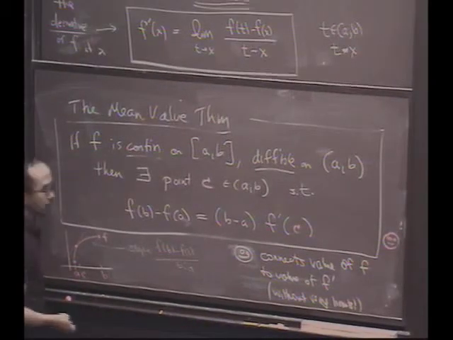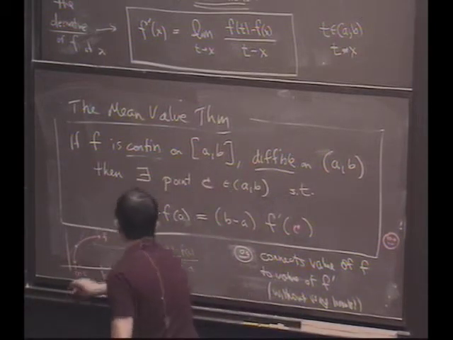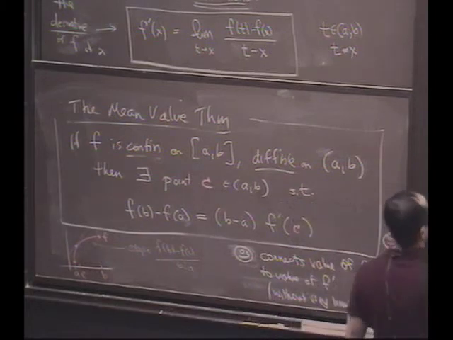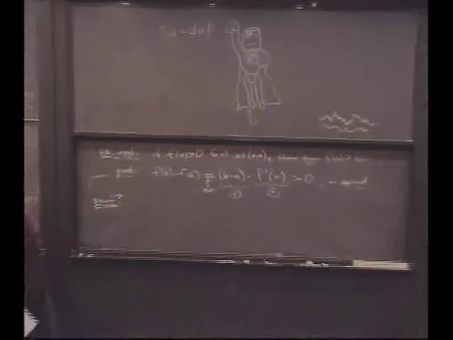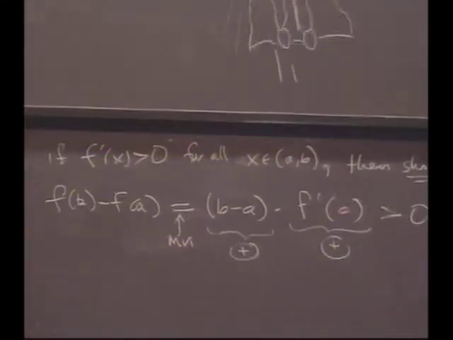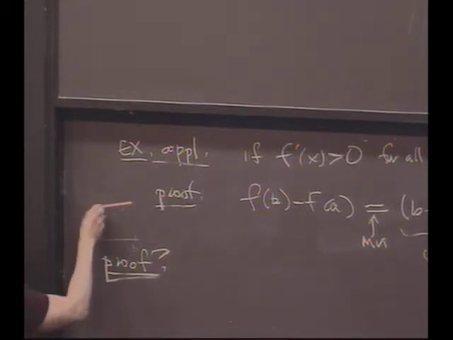Just to give you a non-example, think about the following picture. Suppose I had this function. Is it true that there is a point in between a and b that has the same slope as this secant line? No, what failed? Differentiability. Now, okay, so why did it fail?